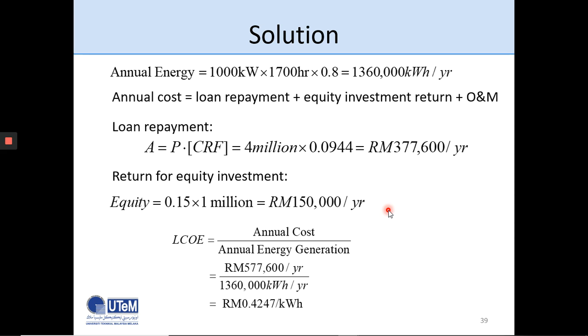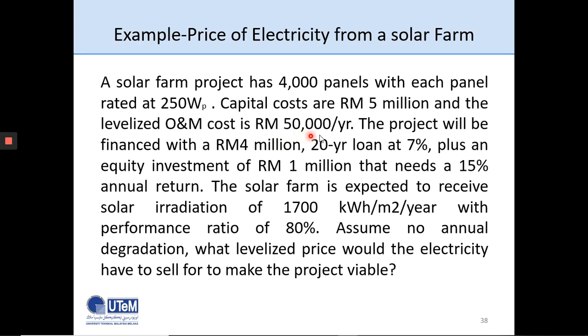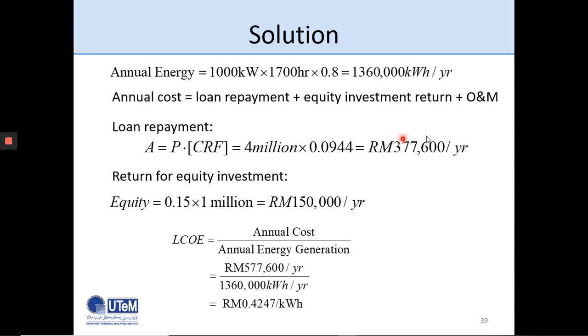Going back to the question, operation and maintenance is 50,000 per year. So 50,000 plus equity investment 150,000 is 200,000. 200,000 plus the loan repayment, this value here, gives you 577,600. You divide the annual cost by the annual energy generation to get this value here, 42.47 cents per kilowatt hour.